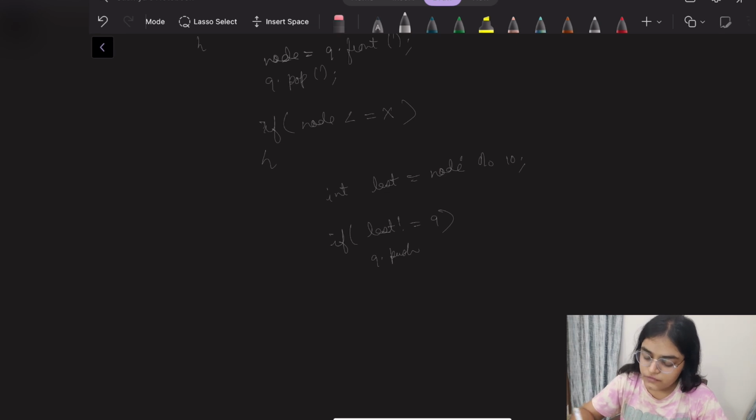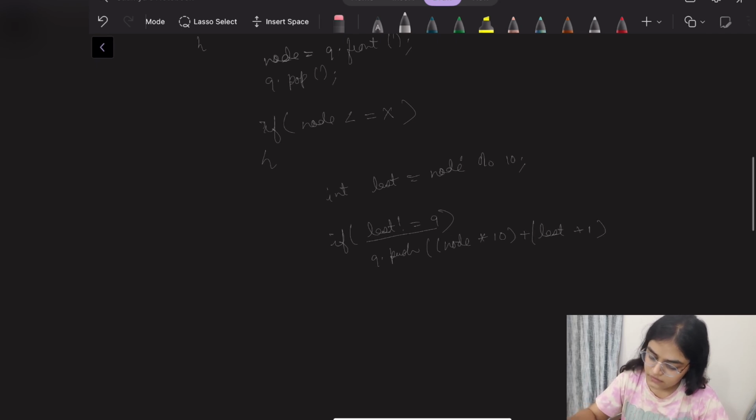So here's the condition we are checking: if the last digit is not 9, then we will be pushing the opposite, the plus part. So q dot push node into 10 plus last plus 1.